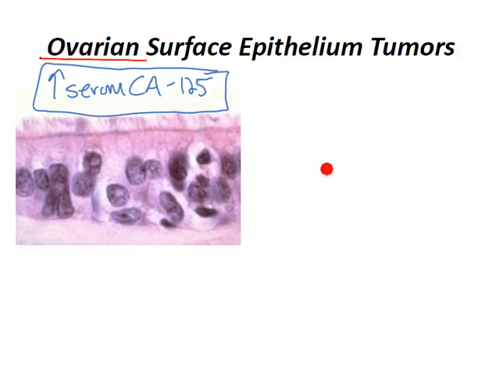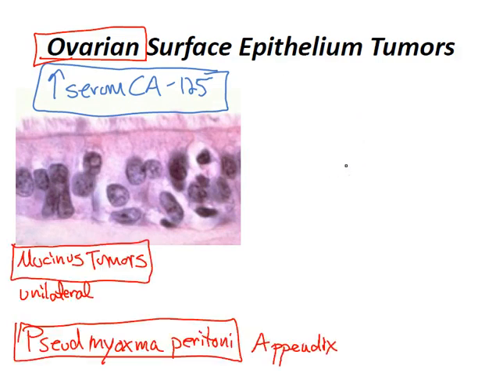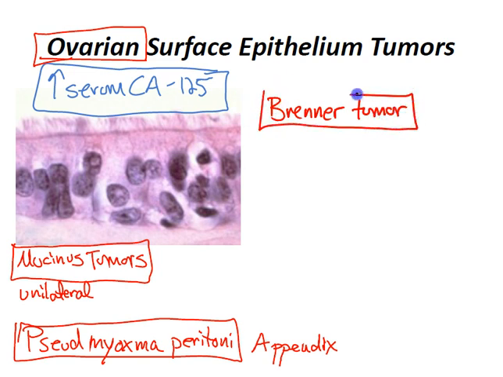So the last thing we have to talk about here is called a Brenner tumor. Now he is benign. Okay? He is a benign tumor.